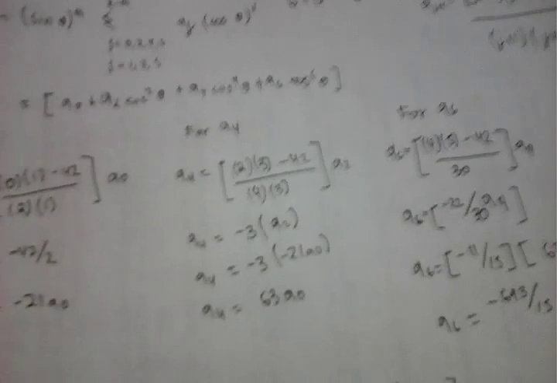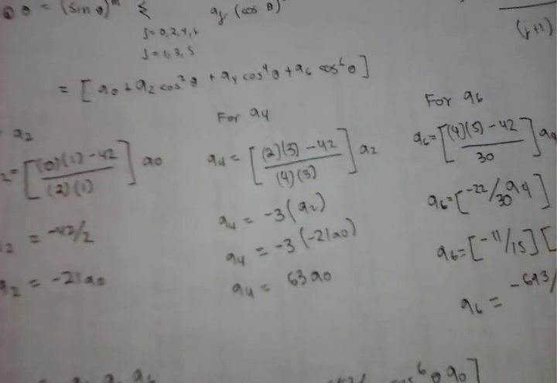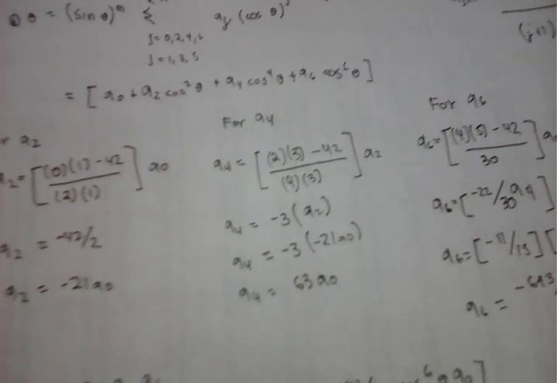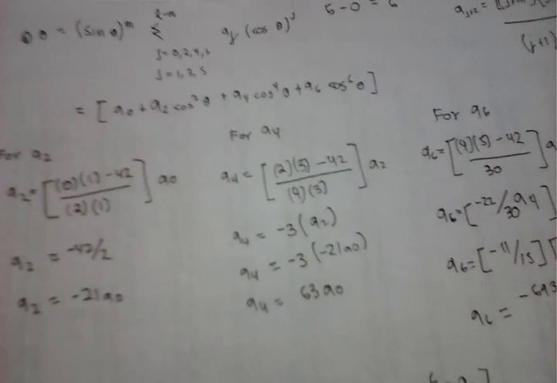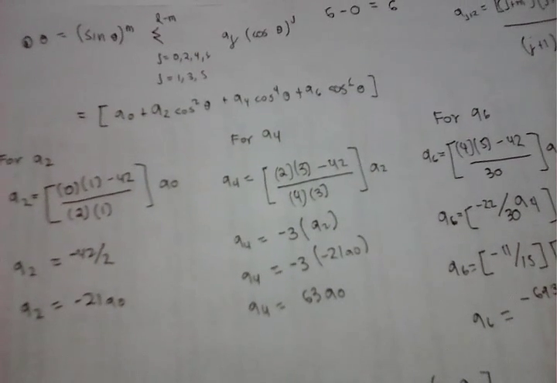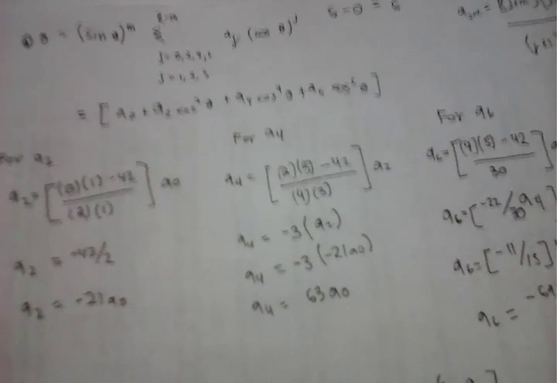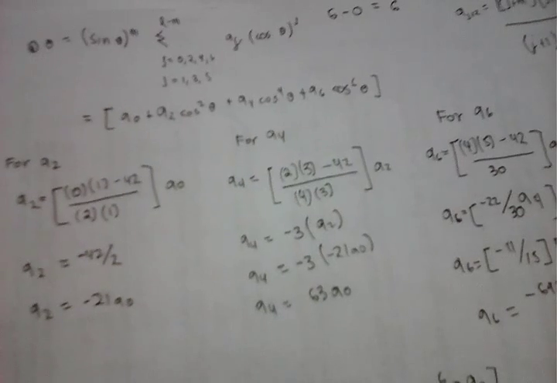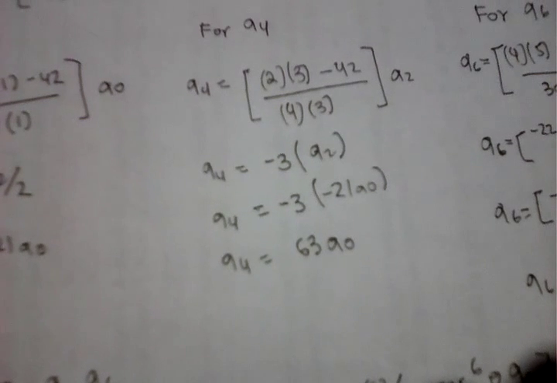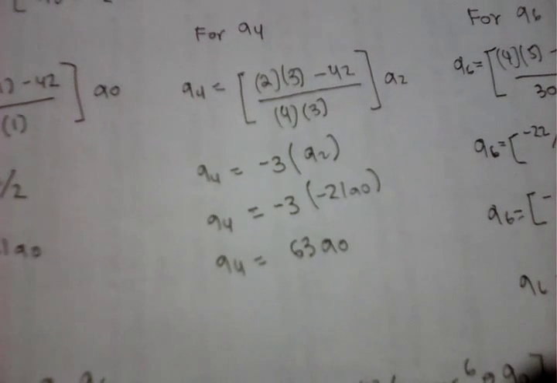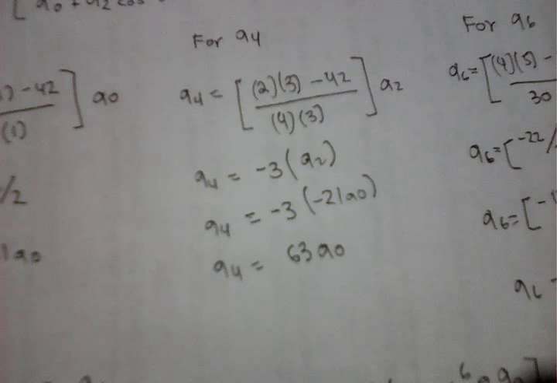Then continue it for a4. a4 is equal to (2 times 3 minus 42) over (4 times 3), a2. So a4 is equal to negative 3 a2. Substitute the a2 from before, then a4 is equal to negative 3 times negative 21 a naught. So a4 is 63 a naught.